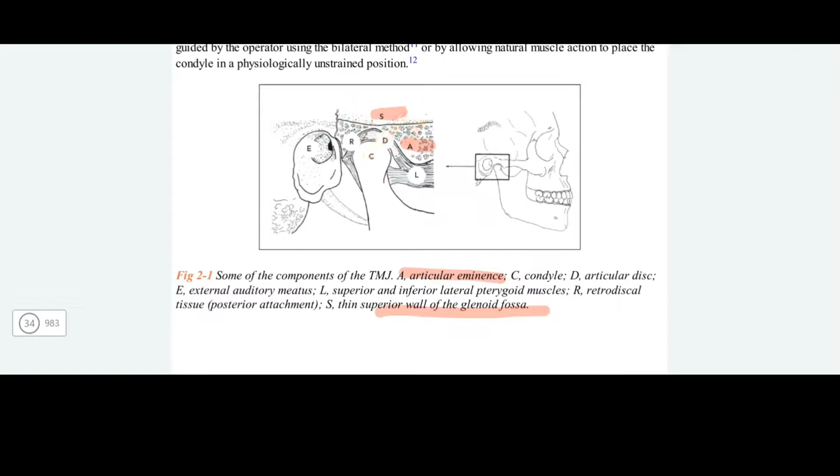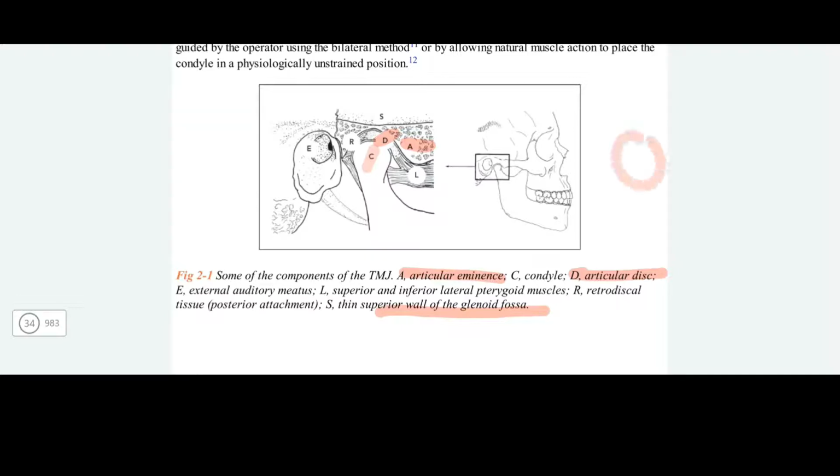The disc, D, should be interposed with the condyle. It means the articular disc should be related with the condyle while the condyle is moving.